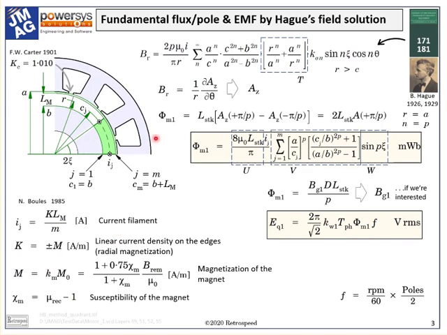We're going to start by calculating the fundamental flux per pole, phi m1, and from it the fundamental time harmonic component of the EMF EQ1 by a very old process which goes back about 100 years.